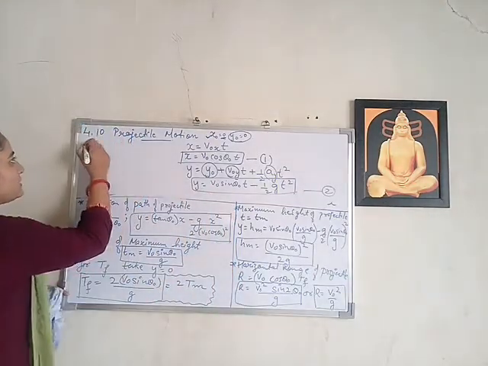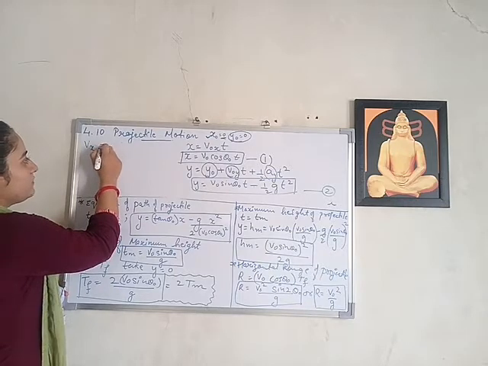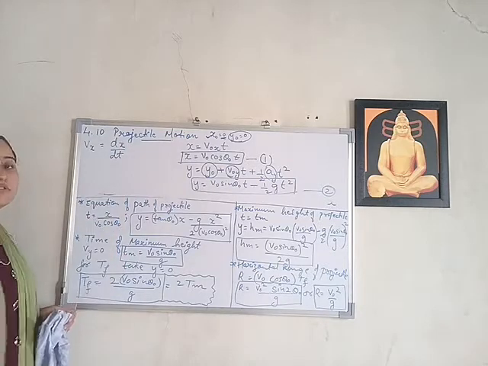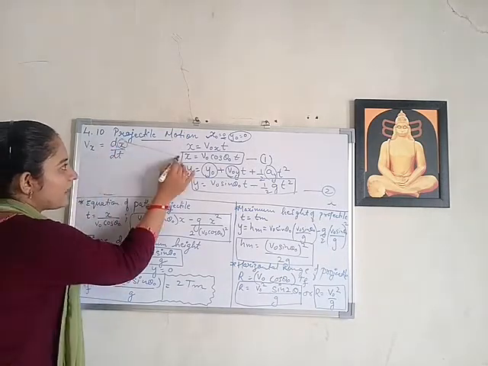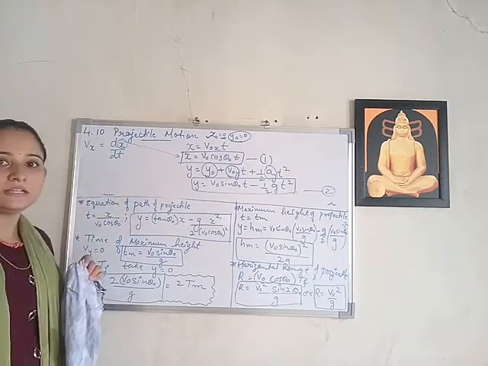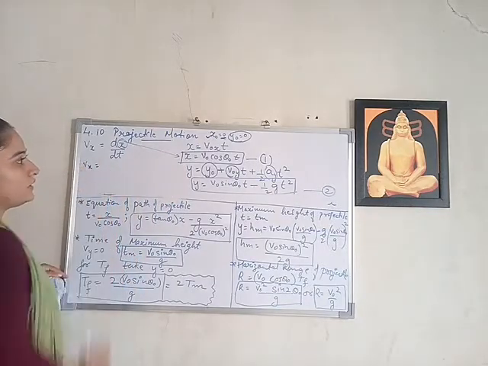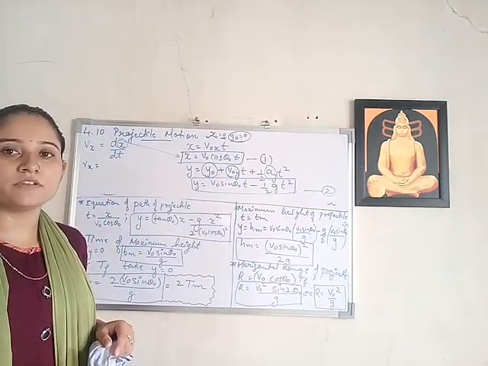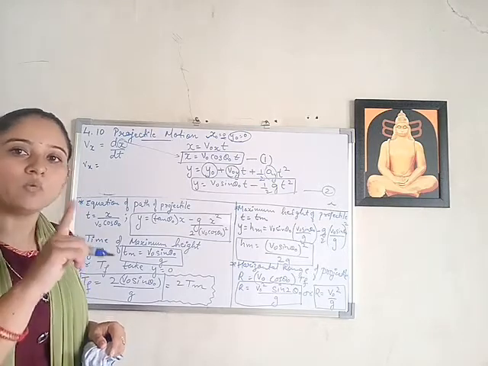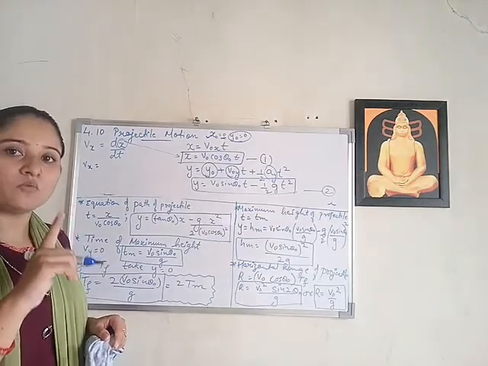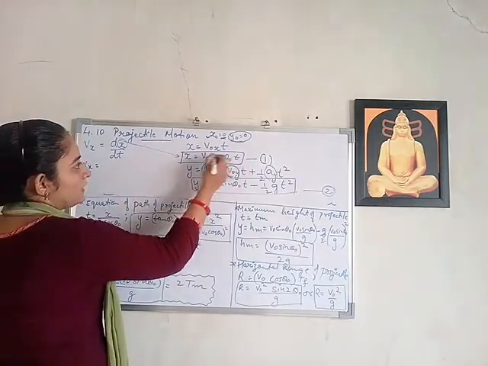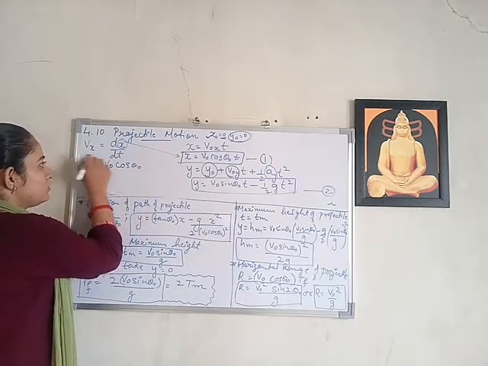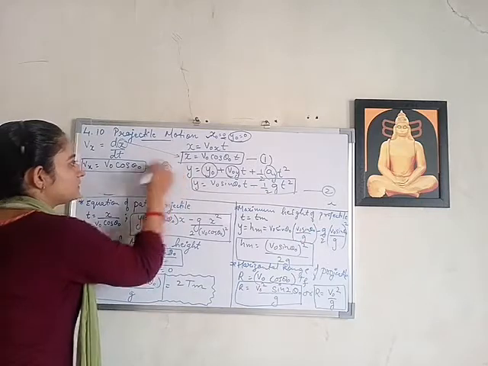So velocity along the x-axis, Vx, will be equal to dx upon dt, that is the derivative of x with respect to time t. So Vx will be equal to the derivative of t with respect to t. The derivative of t with respect to t is 1, dt by dt is 1. So 1 into V0 cos theta 0, that is V0 cos theta 0. Name it as equation number 3.